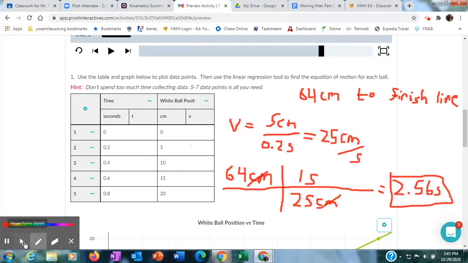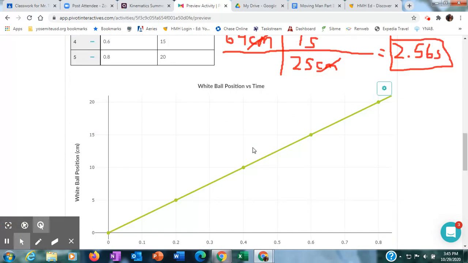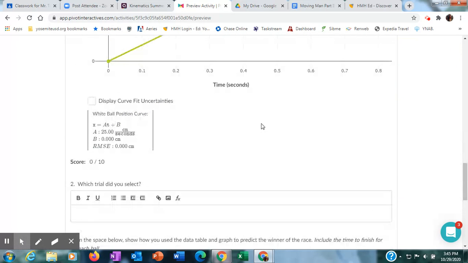Now, I can also use a little bit of algebra because I know velocity is equal to how far it needs to travel divided by time, right? I want to find time.